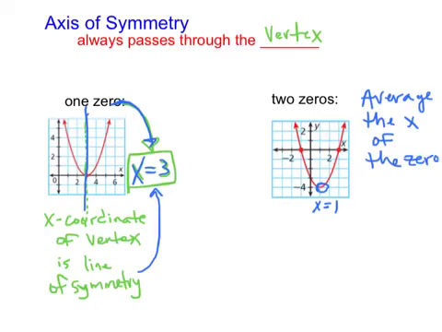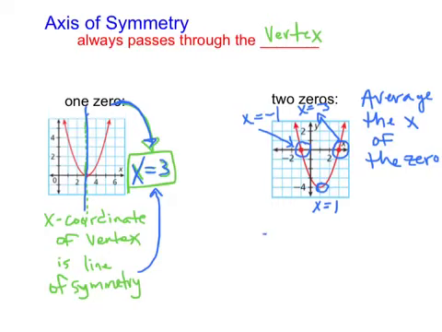If for some reason we can't find it because our graph is a little off, we can find the x value of each zero. So this one ends up being x equals 3, and this one ends up being x equals -1. We can find the average of these two, and that will give us our line of symmetry.